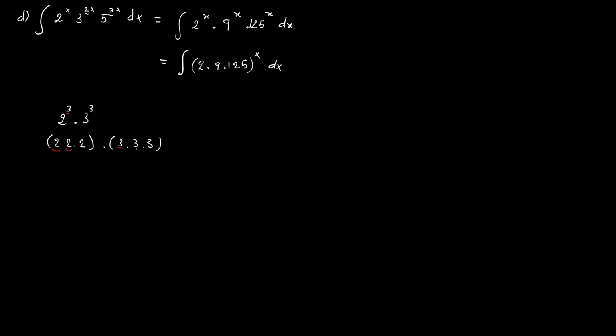This one has this buddy and this one has this buddy. If we multiply first, because multiplication is associative, we can move it around, we get 6 times 6 times 6. In other words, this is equal to 6 to the power of 3. So that's the same trick I used over here.